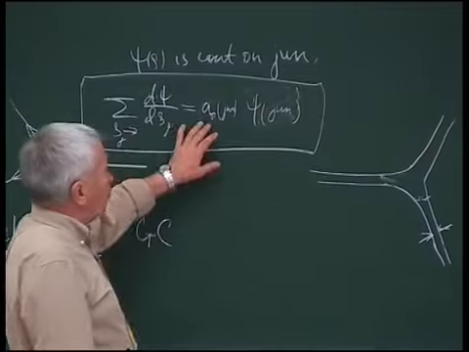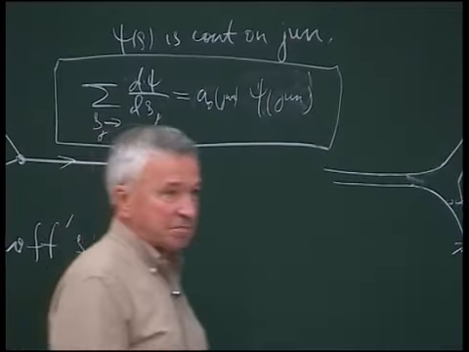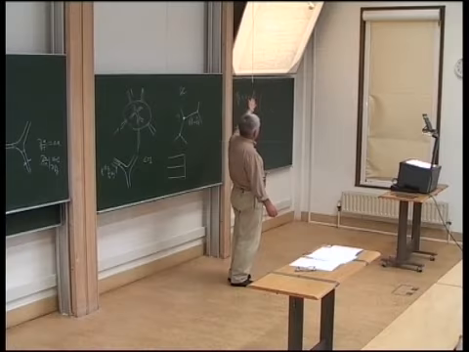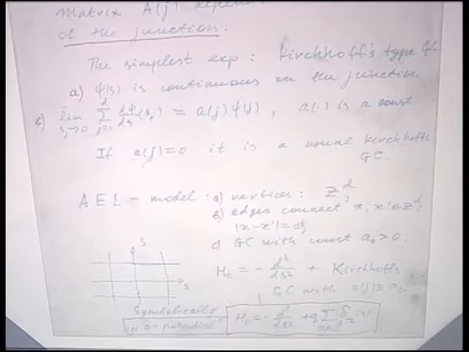Assume, first of all, that A naught is constant. This is a periodic situation, a periodic operator. We have a quasi one-dimensional manifold with branching, and of course a natural length parameterization s on each interval.